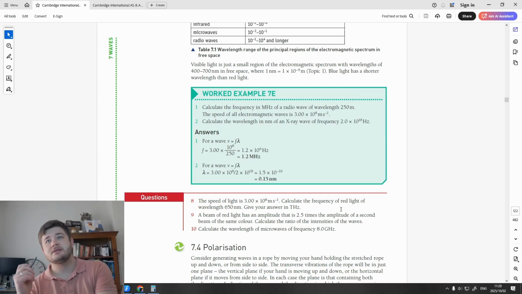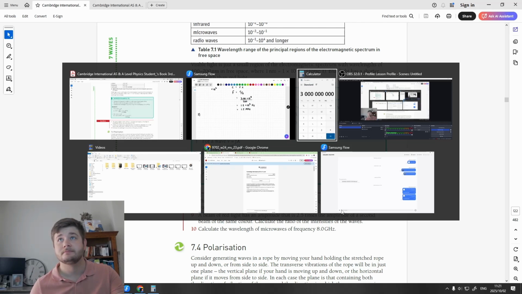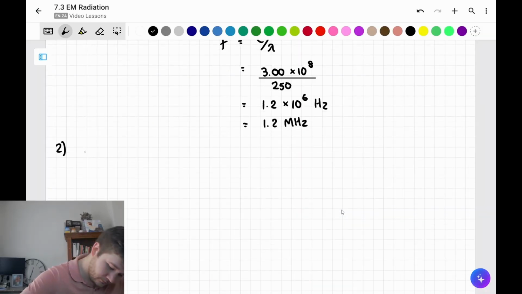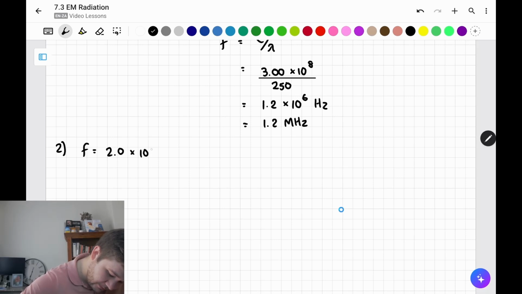Question 2 asks us, calculate the wavelength in nanometers of an X-ray with the frequency 2.0 times 10 to the 18 hertz. Okay. So we know our frequency is 2.0 times 10 to the power 18 hertz.